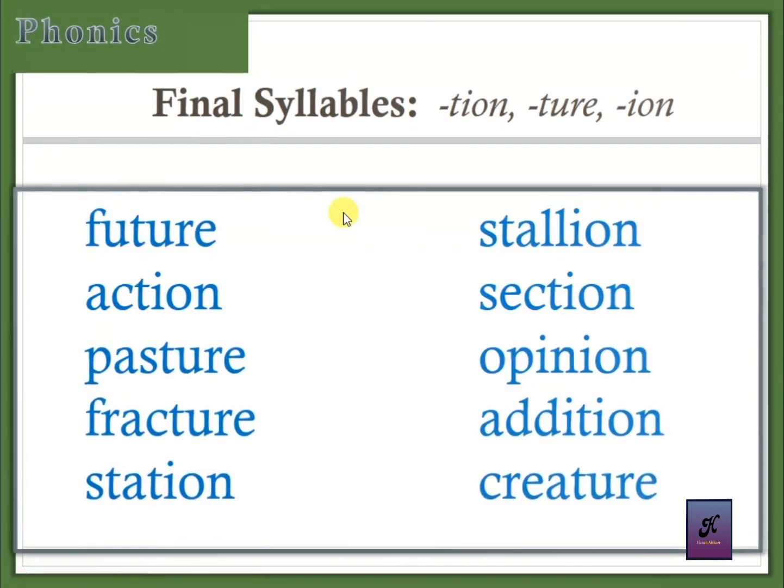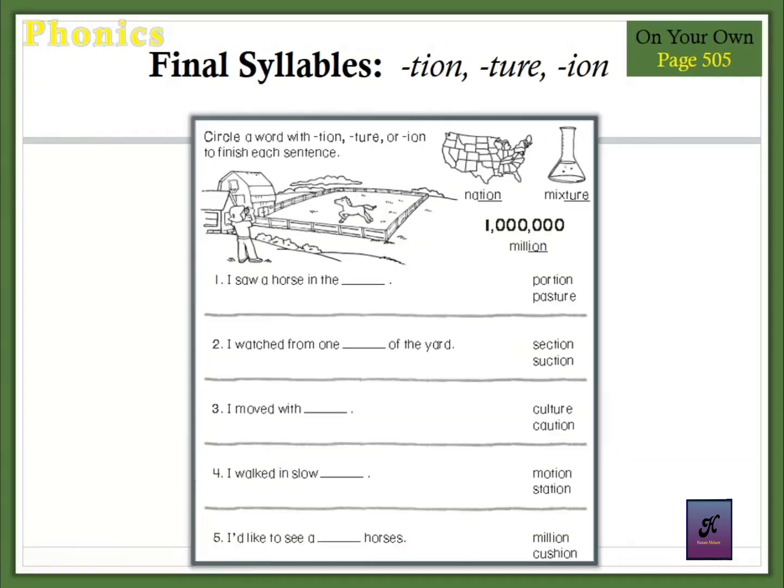Okay, let's have further examples and do an exercise together. Open your notebook to page 505. In this page, as you can see, circle a word with shin, sure, or yin to finish each sentence. We have these examples: nation, mixture, and million.